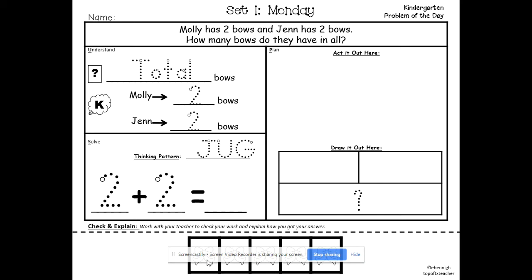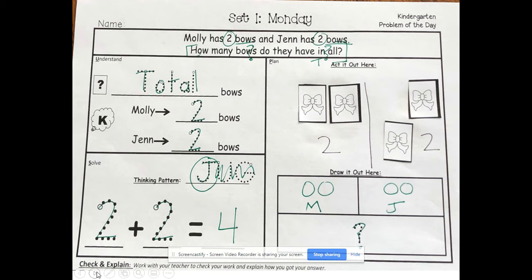And everything in kindergarten, when we're doing this process, is done together and modeled. And so they basically are just tracing numbers and words over here, but we're talking about it as we go. And then they act it out, and then they draw it out, and it ends up looking like this. So they've acted it out and they go ahead and can glue those on, and then they draw it.